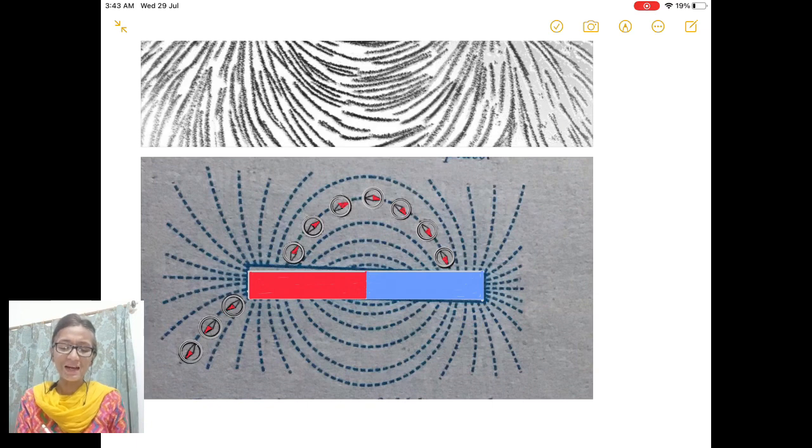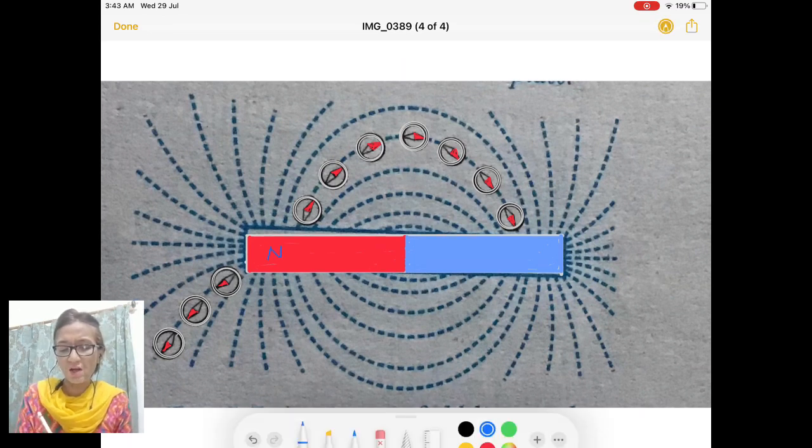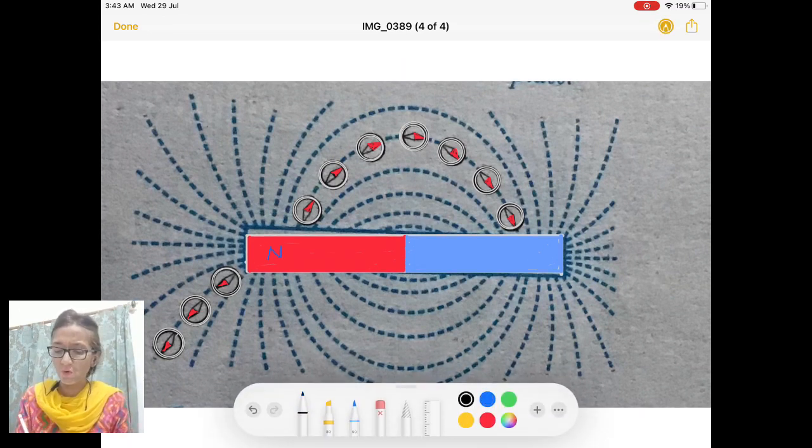And this is the direction of the magnetic field. So in this diagram, the direction of the magnetic field is from this red end of the magnet, which is called the North Pole. This is your North Pole, and the black ended part is called the South Pole. This is your South Pole.